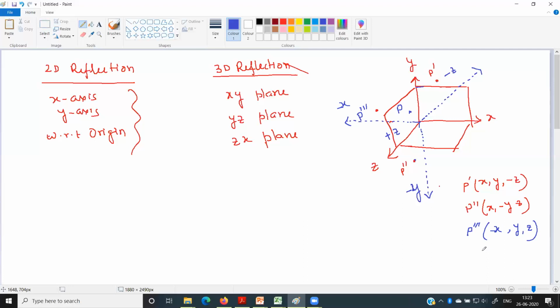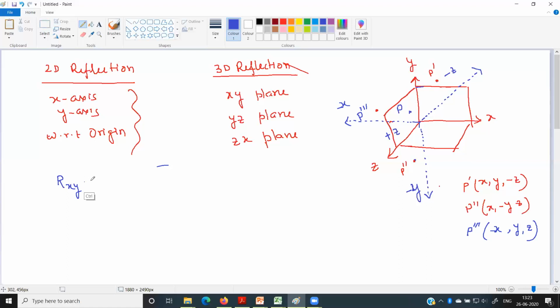Fine. So if we write down the reflection matrix, then along the XY plane, it will be better. So if I write R of XY as the reflection matrix.